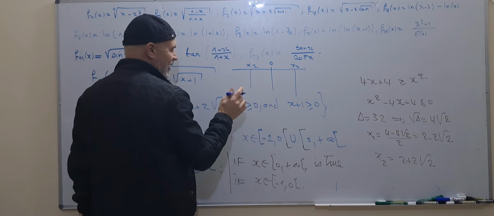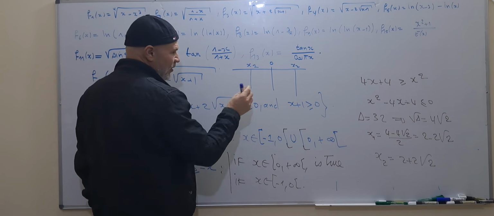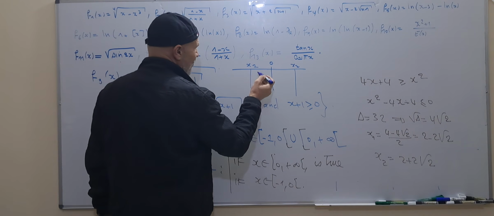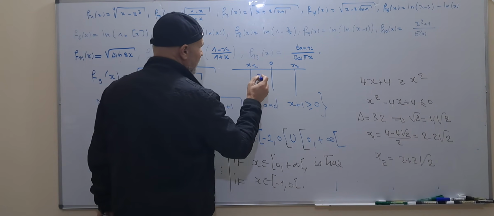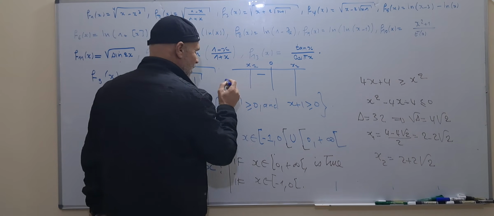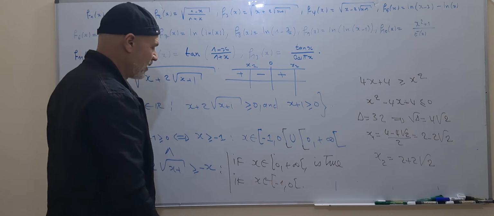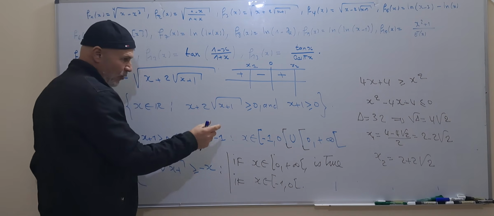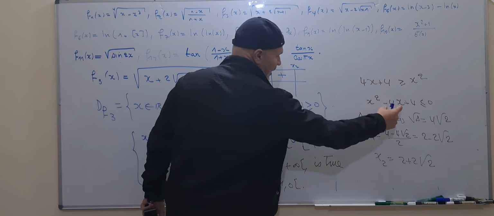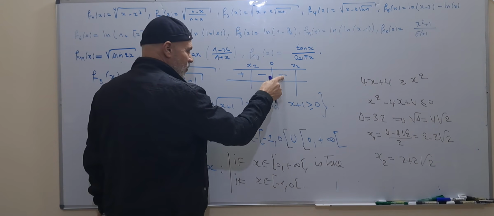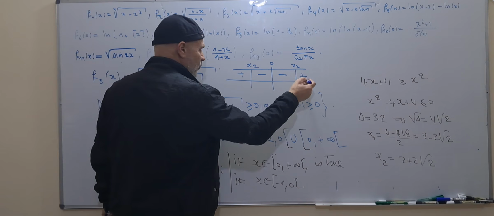We are just working here. Between the solutions, it is negative, and out of the solutions it is positive. So the domain which solves this inequality is just this one. It's just this one here negative and here positive.